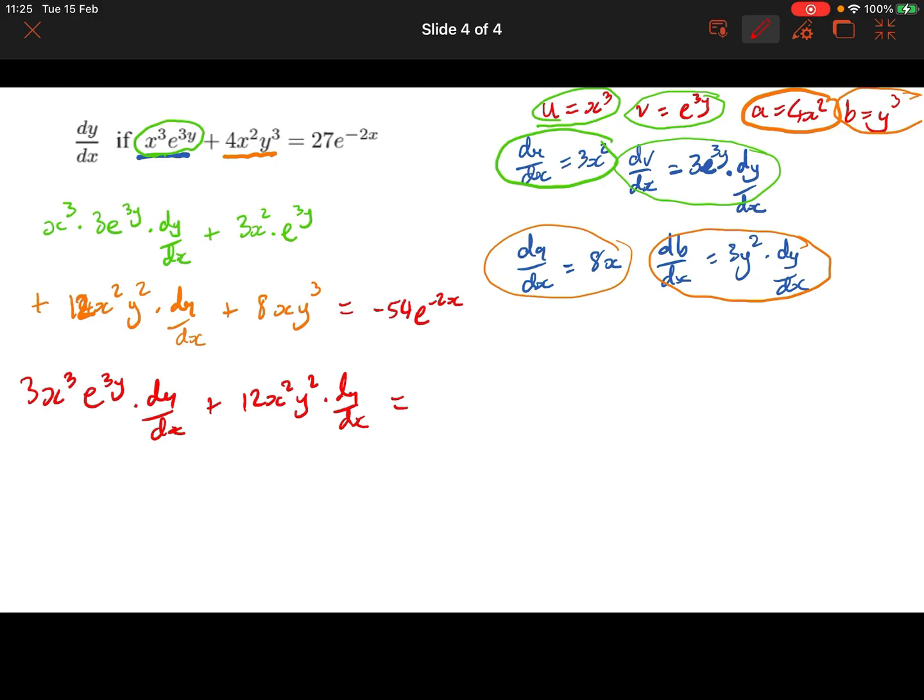equals. And I'm going to take all the other bits over, so that's going to be minus 54 e to the negative 2x, minus 3x squared e to the power of 3y, minus 8xy cubed. Okay, factor out dy dx.